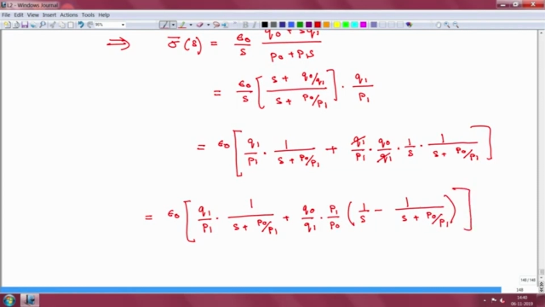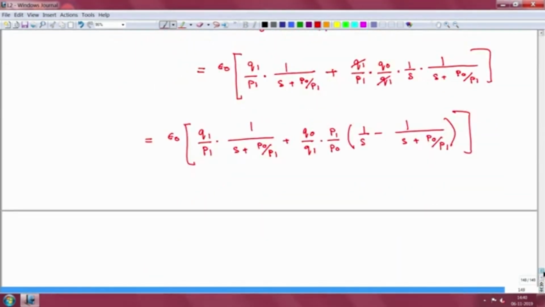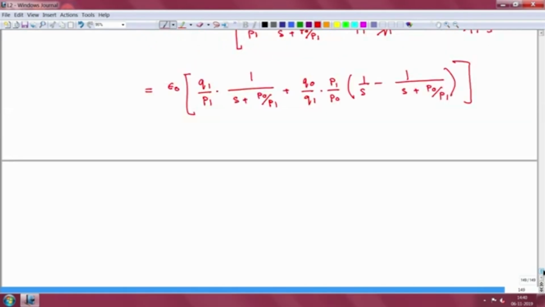Okay, so now these two are common, so you can combine these two, and then you have one rational function of the form 1 by S. So, you have basically two separate rational functions.